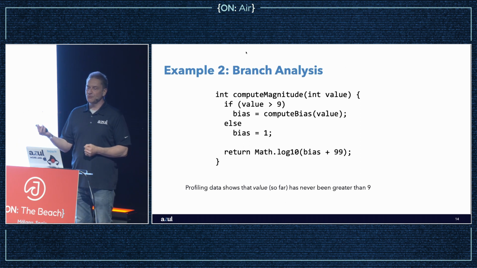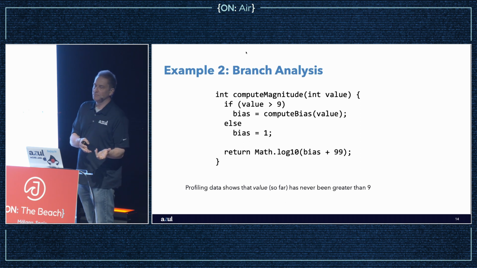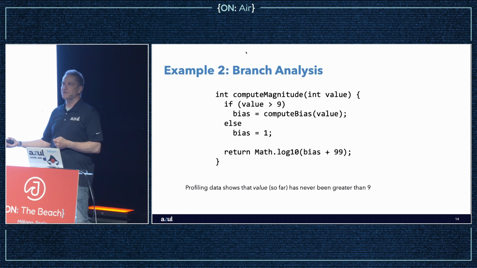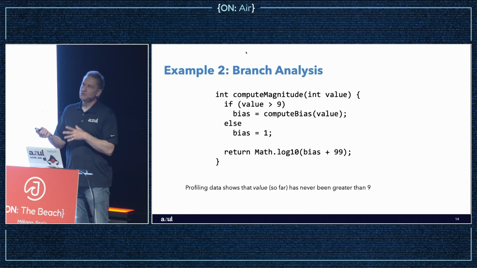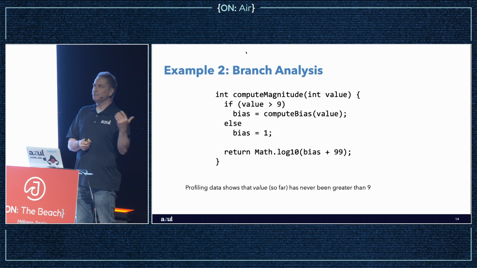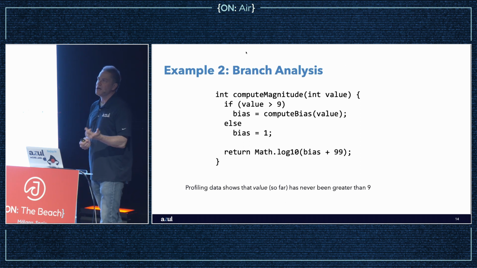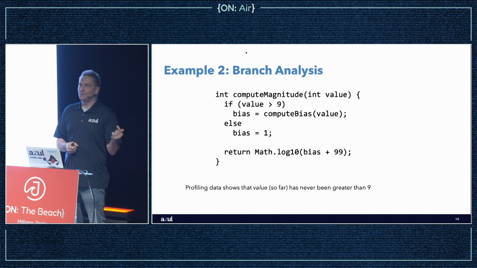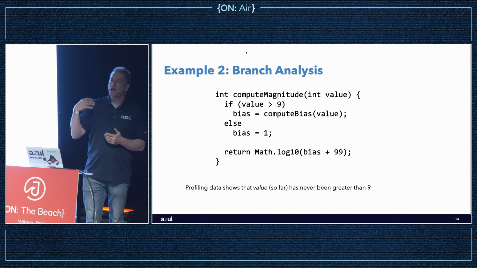If the value is greater than 9, we are going to calculate a bias, by calling a computeBias method and passing in the value as a parameter. If the value is not greater than 9, we simply set the bias to be 1, a fixed value. And then what we're going to return is the log base 10 of bias plus 99. I said it was a slightly contrived example.